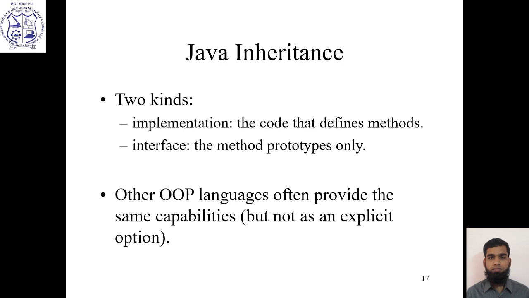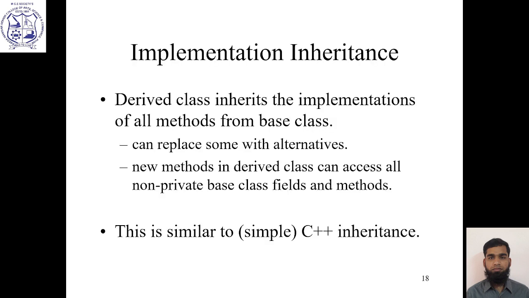But in an interface, we only provide the prototypes. We are not able to define the methods inside the interface. Other object-oriented programming languages often provide the same capabilities but not as an explicit option.